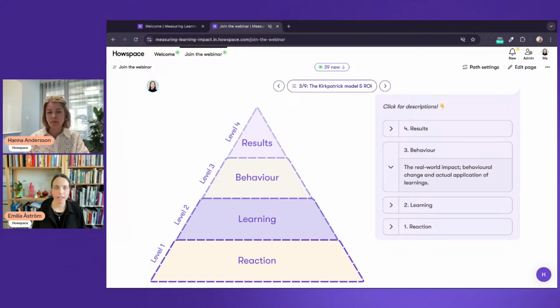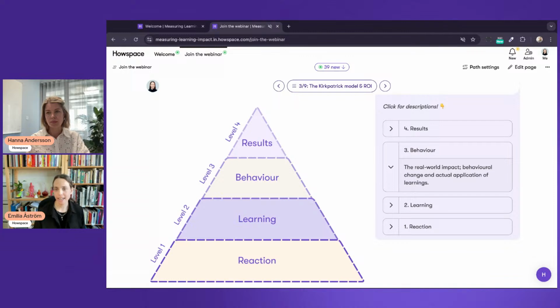And we do this by tracking behavioral changes and to see if the learners are applying what they learned in their job. And this can be measured through before and after surveys, for example, but also through observation, feedback, and reflection, which are all things that Housebase as well can support.